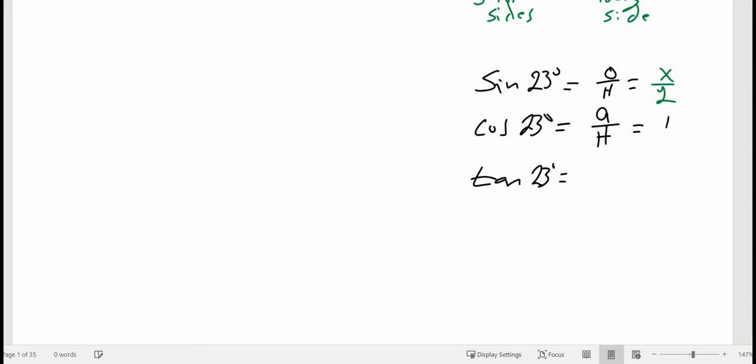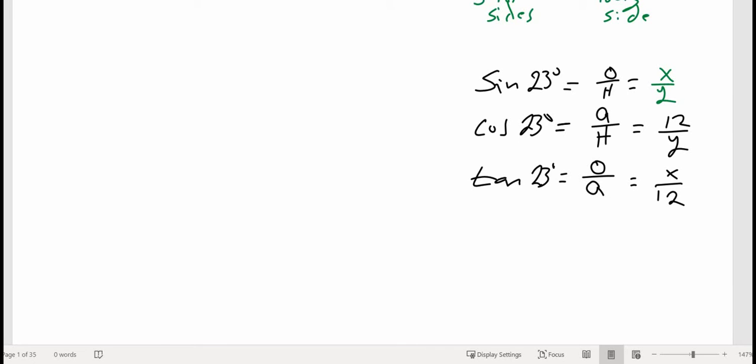So in this case, that is the 12 divided by y. Okay. Now the tangent is the opposite side divided by the adjacent side. So the opposite side in this case is x, and the adjacent side is 12.